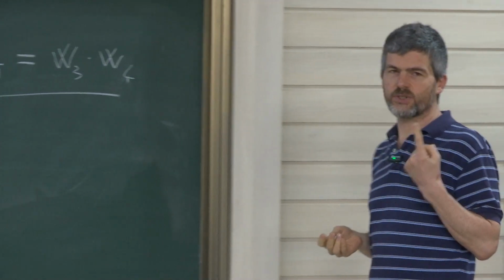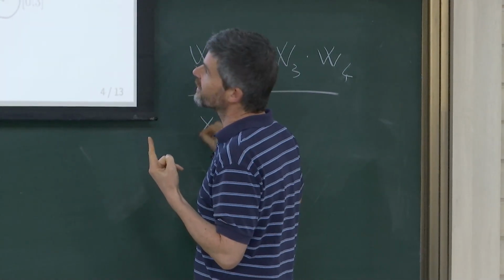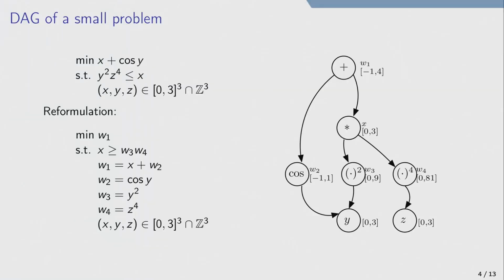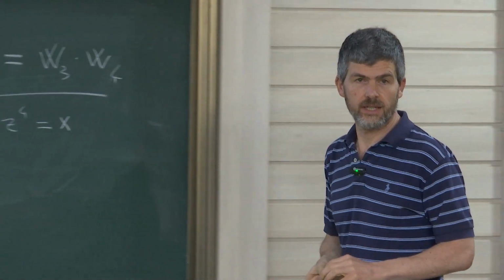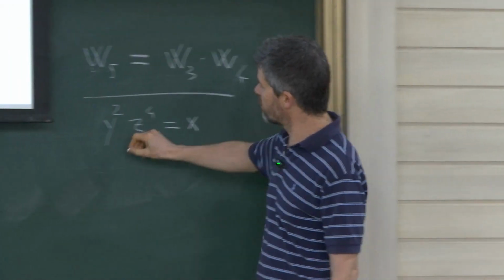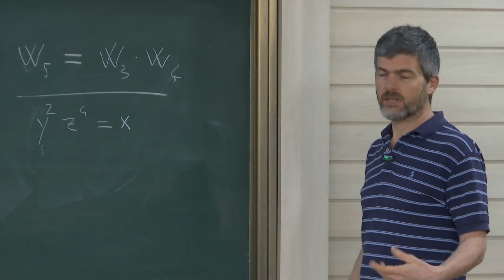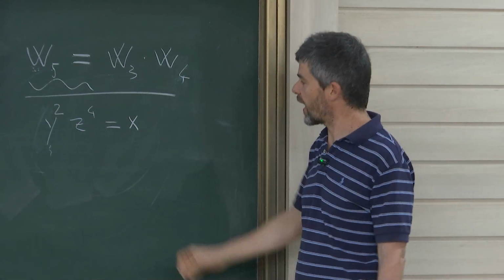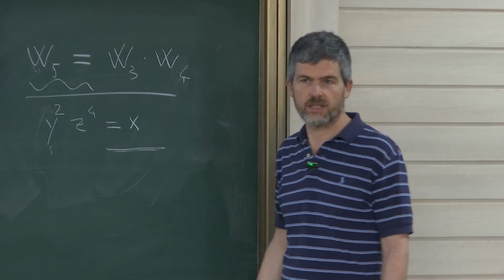I'd like to point out two things. If the first constraint was something like y squared times z to the fourth equals x, and right now it is less than or equal to x, then once you have reformulated y squared and z to the fourth, creating a new variable w5 just to say that this is equal to the product of the two auxiliary variables, and just leaving x as this new auxiliary variable, doesn't really make any difference.